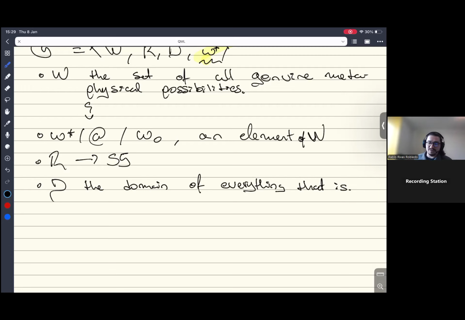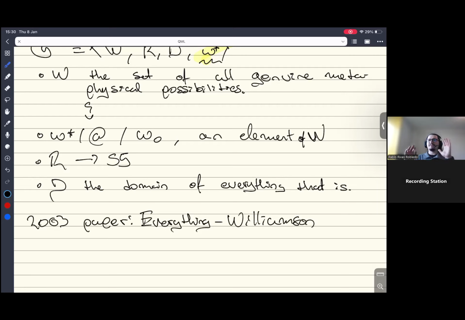But if you're interested, there is the 2003 paper which is called Everything by Williamson. And it is fascinating because if you read the first 3 pages and the last 3 pages, that is everything that you need from it.